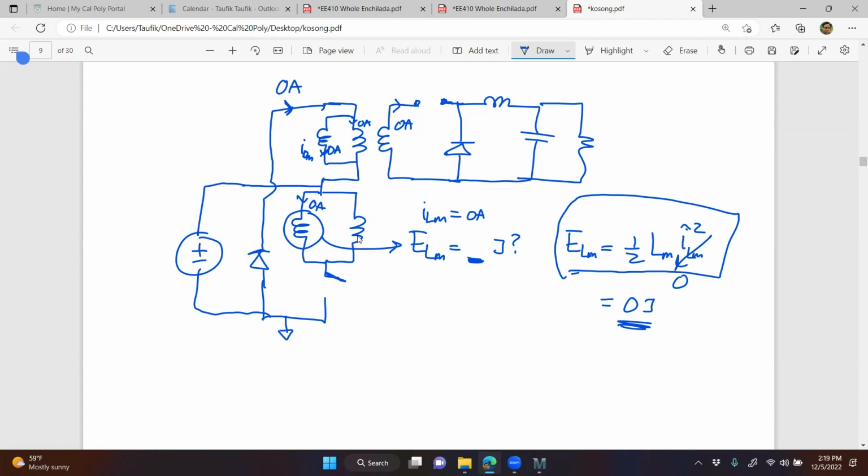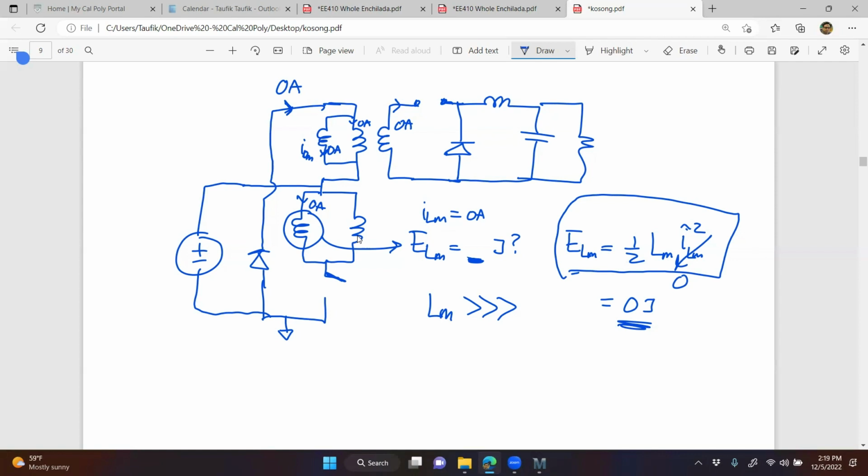But when the switch is off, there is also no current going to the magnetizing winding, because LM is assumed to be very big. So when the switch is off, the LM goes to the top, right?